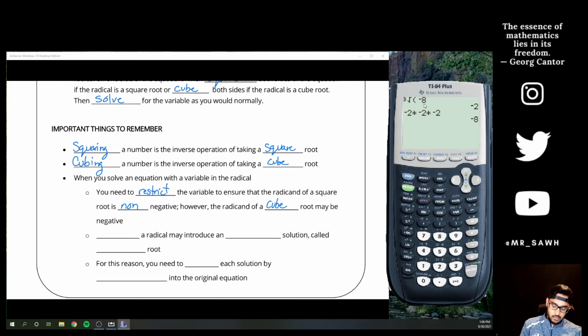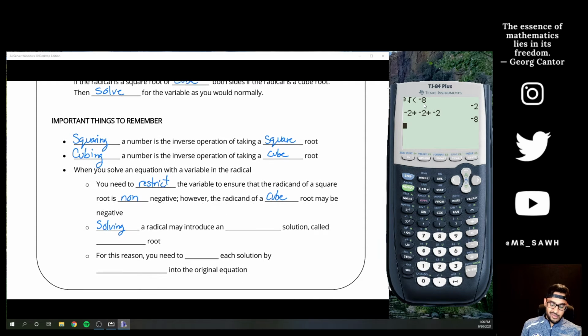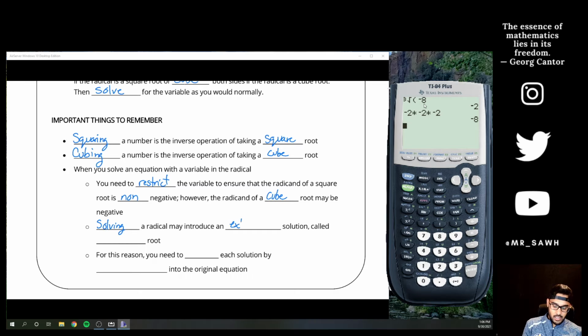Solving a radical equation may introduce an extraneous solution, called an extraneous root. Basically, all it means is you could potentially get a solution that doesn't work when you substitute it back into the original expression. Right?